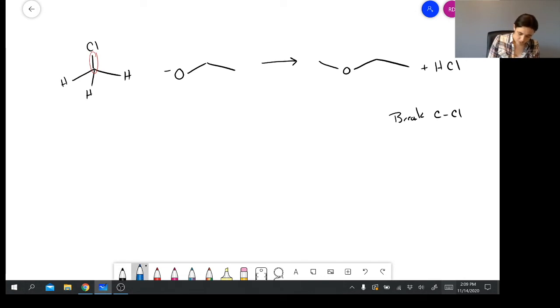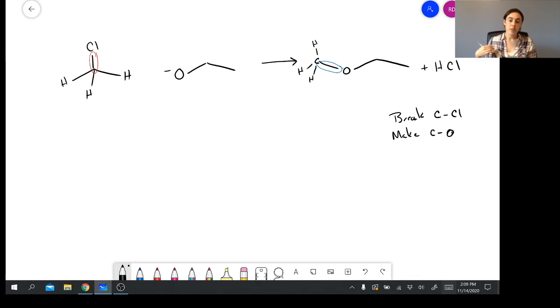You're also going to end up making this oxygen-carbon bond. Remember, this here is our CH3 that is currently attached to our chlorine. So make CO bond.